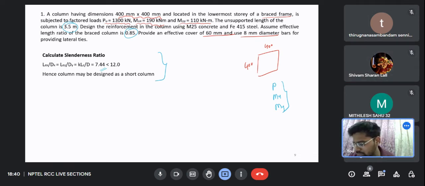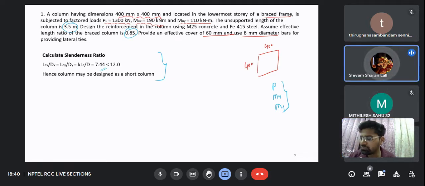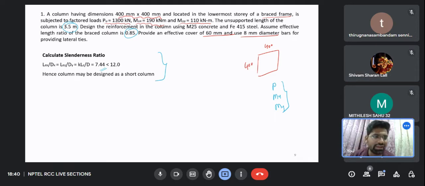Now am I audible? Yes, sir. It breaks a lot in between the videos. Let me connect it to some other device. Just wait for some time.